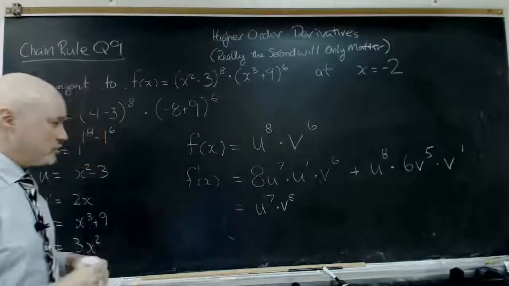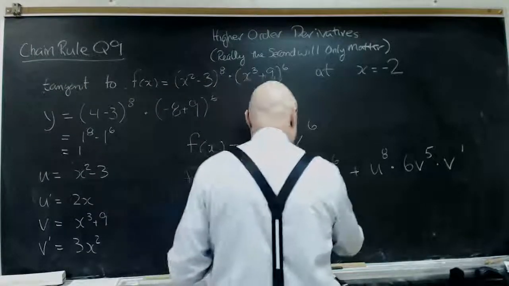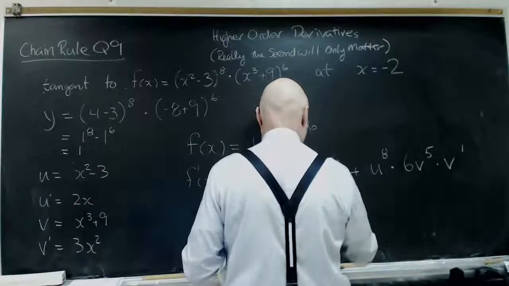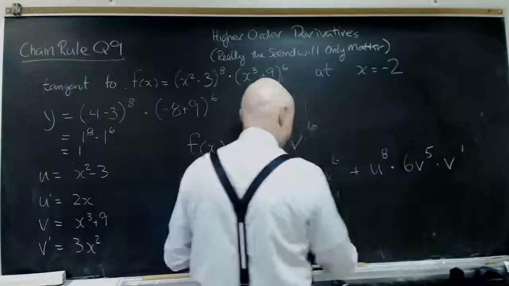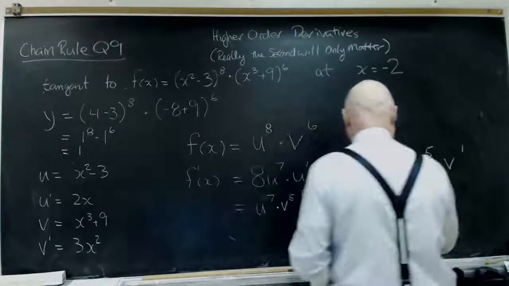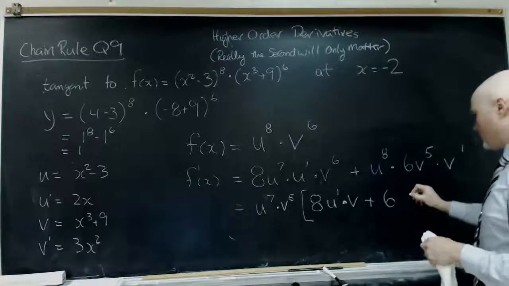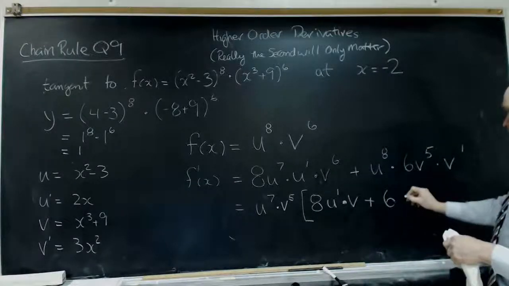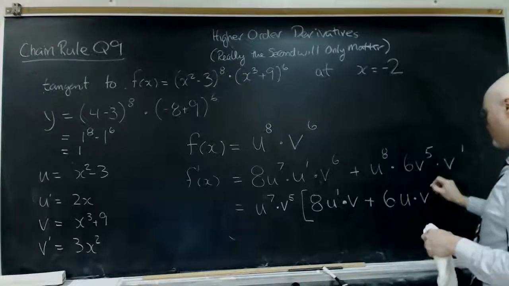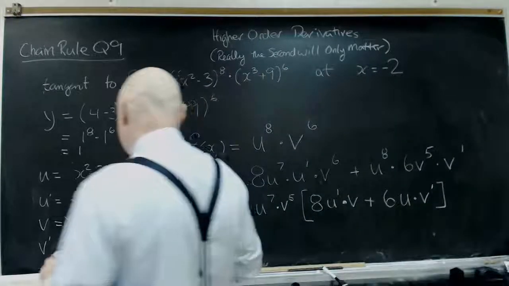And so that's going to leave me with 8 u prime times v plus 6 u times v prime. All right, getting easier already.